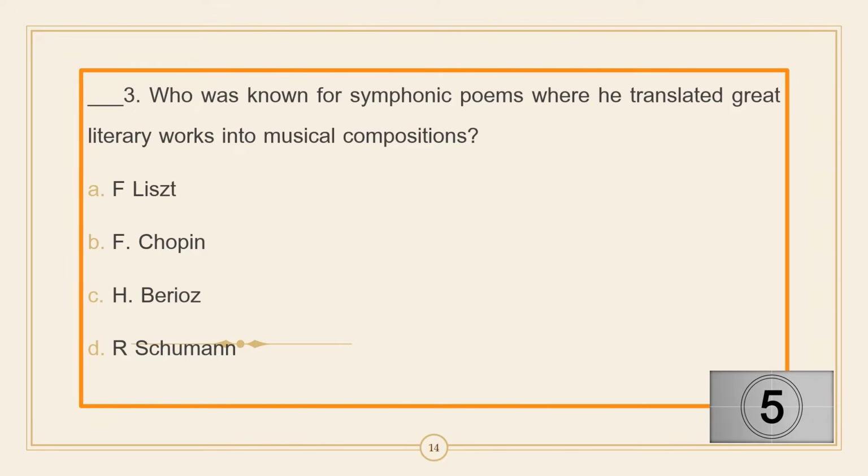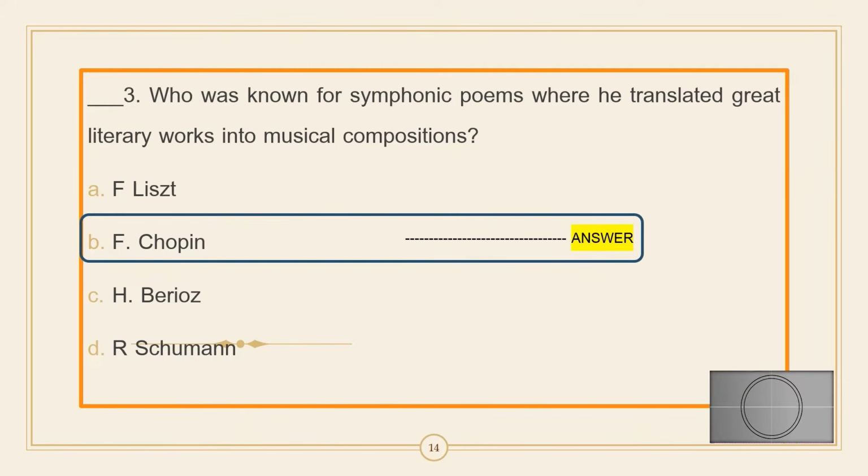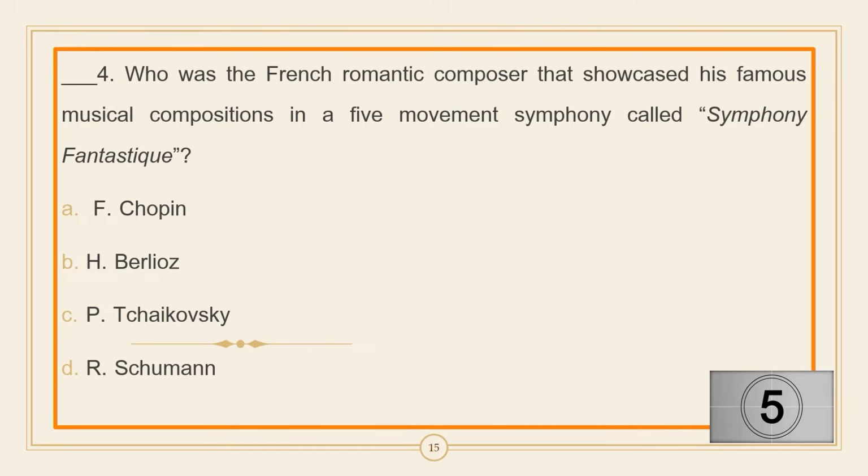Who was known for symphonic poems where he translated great literary works into musical composition? Who was the French Romantic composer that showcased his famous musical composition in a five-movement symphony called Symphonie Fantastique?